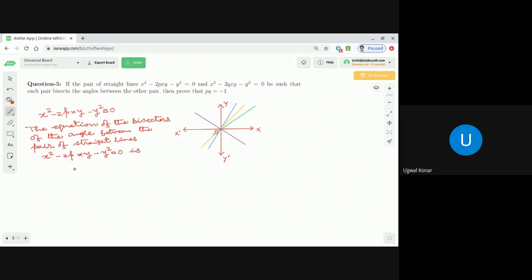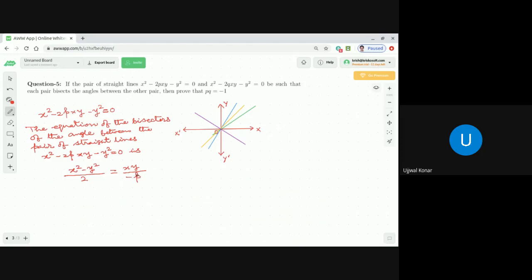If you recall, that is x square minus y square divided by a minus b, that is 1 plus 1, that becomes 2, that is equal to x into y divided by h, correct?